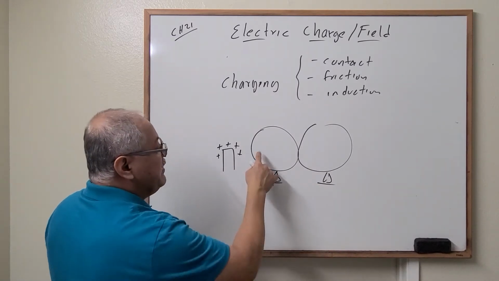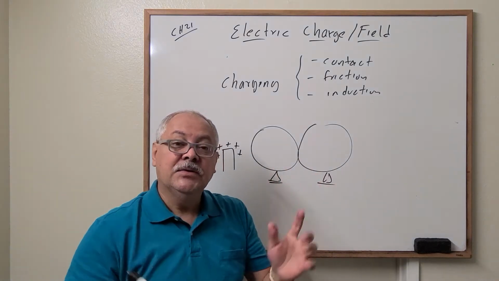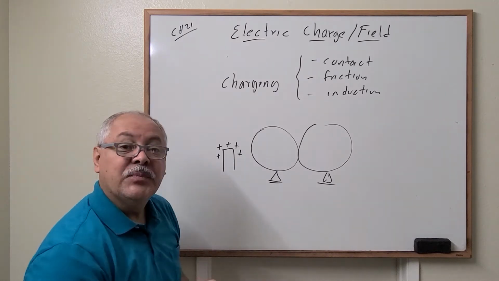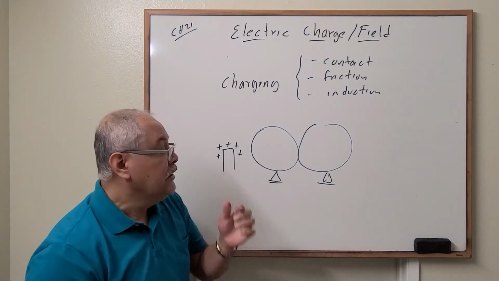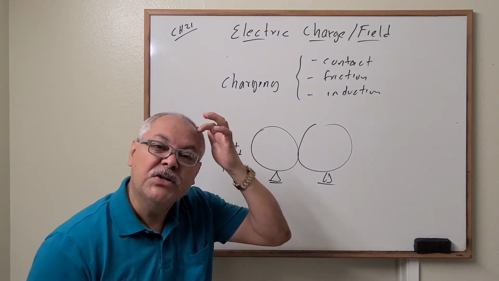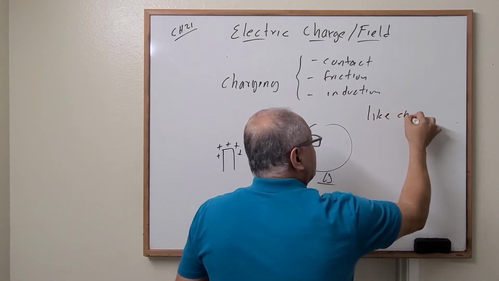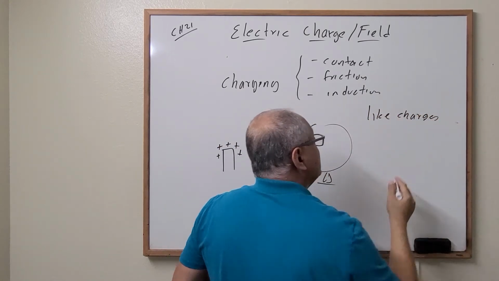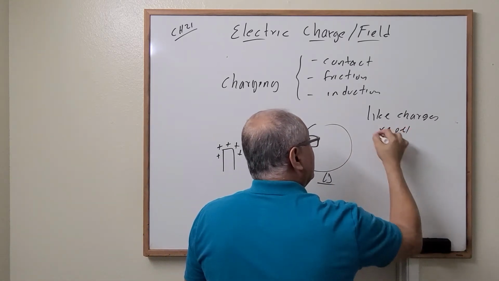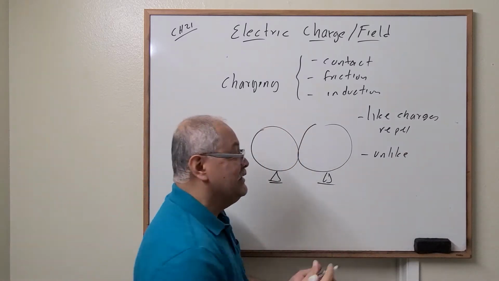Remember, a conductor has free electrons. When these electrons feel the presence of this negative charge, they are repelled or attracted. By the way, remember the law of charges: like charges repel, and unlike charges attract.